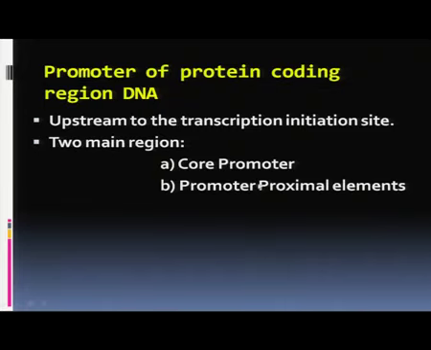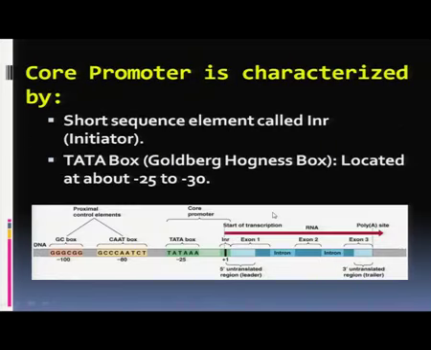These core promoter and promoter proximal elements are not found in prokaryotic DNA. The core promoter is characterized by a short sequence element called the initiator. You can see here in the diagram the sequence from where the transcription is going to start.